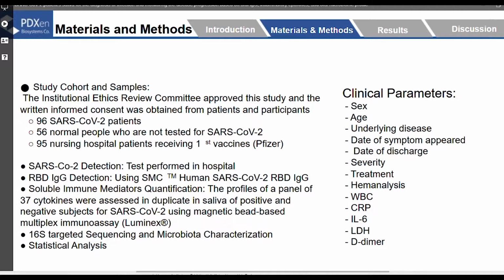We got the hospital data, and for RBD IgG detection we used PDXen Co, and for multiplexing we used Luminex. For microbiome data, we did 16S target sequencing, and then we tried statistical analysis. Clinical parameters we can get like this: at all times they measured CRP, IL-6 and LDH levels.